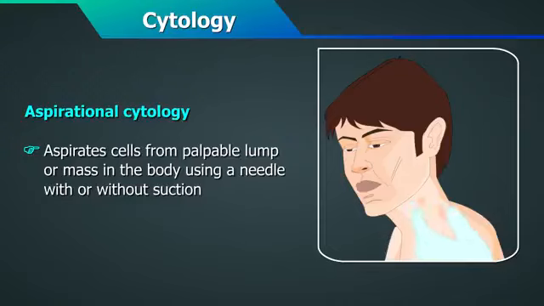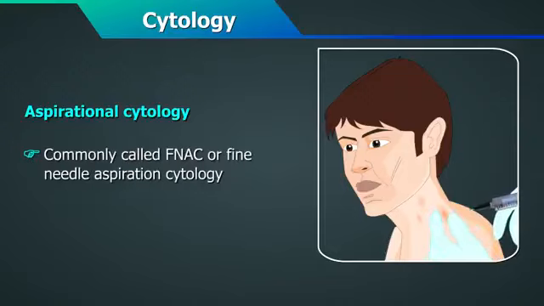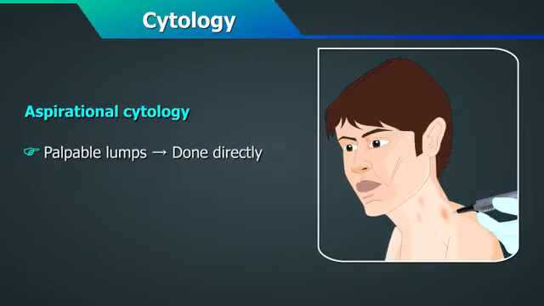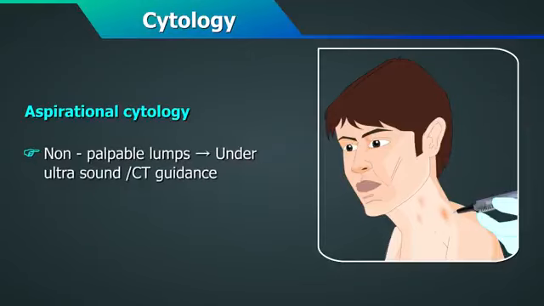Aspirates cells from a palpable lump or mass anywhere in the body using a needle with or without suction. It is commonly called FNAC or fine needle aspiration cytology. It can be done directly for palpable lumps or under ultrasound or CT guidance for a mass which is not palpable.